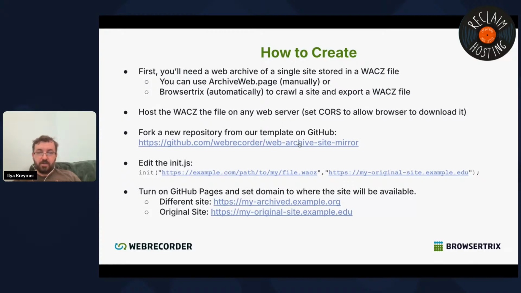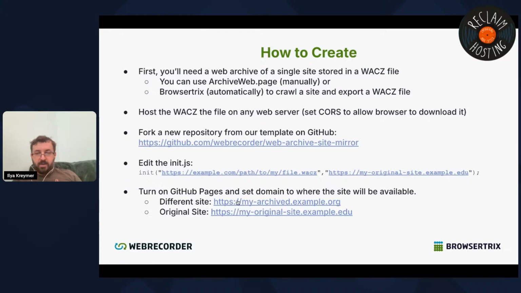You could then fork a new repository from the starter. And then all you really need to do is fill in, in this JavaScript file that we have, the path to the WACZ file and the URL of the original site.